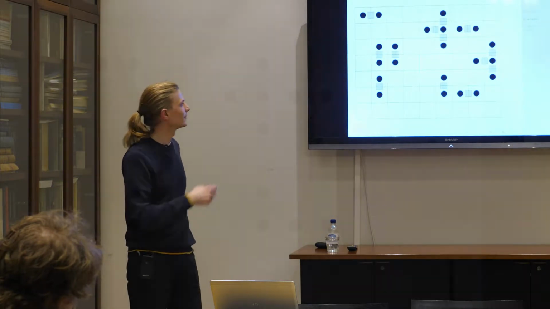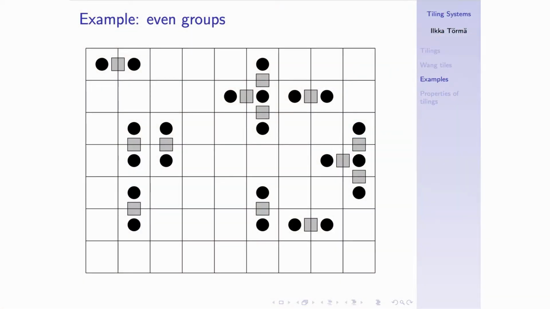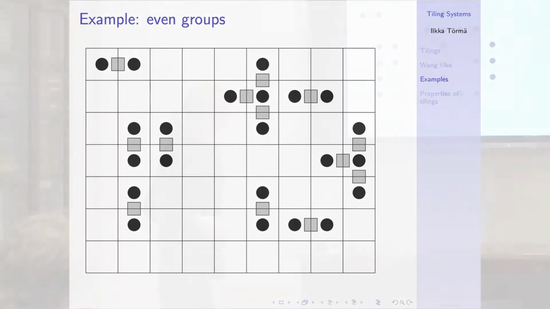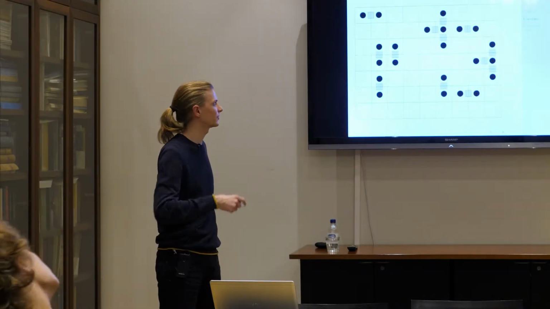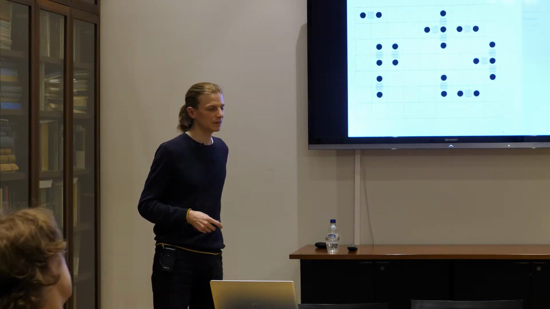And here are the hidden constraints behind these constraints. So the hidden local rules. I won't explain now how it can be checked, but it can be checked that these rules give exactly the system of even groups of dots.